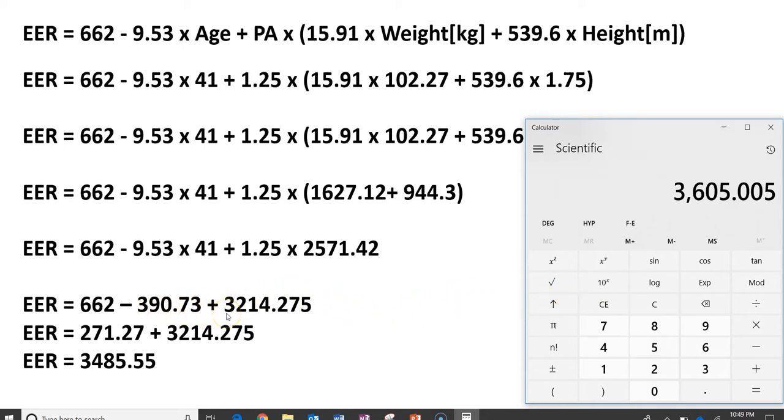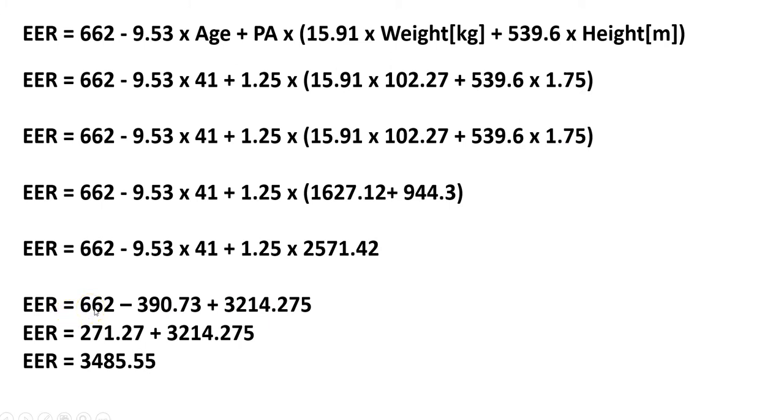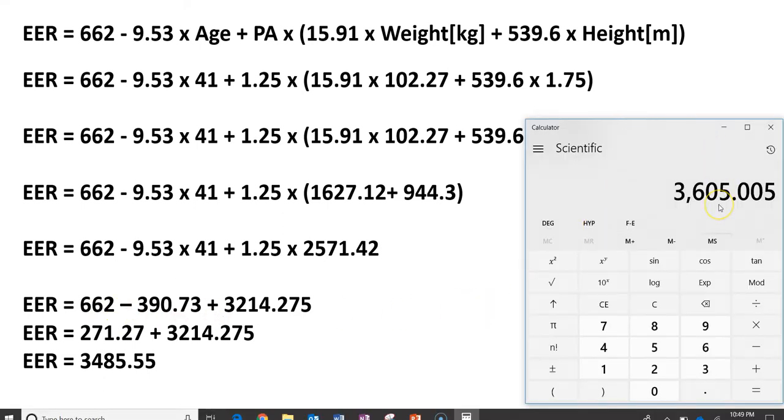So now we would have had 662, sorry about that, 662 minus 3605.005. 662 minus 3,000, you're going to end up with a negative number. You're going to have negative almost 3,000. Not what we want. So make sure you do this math in the correct order.